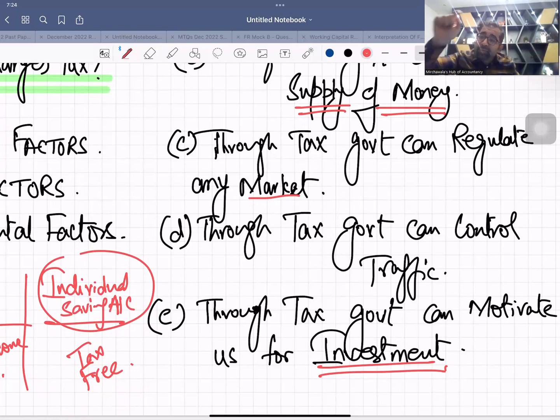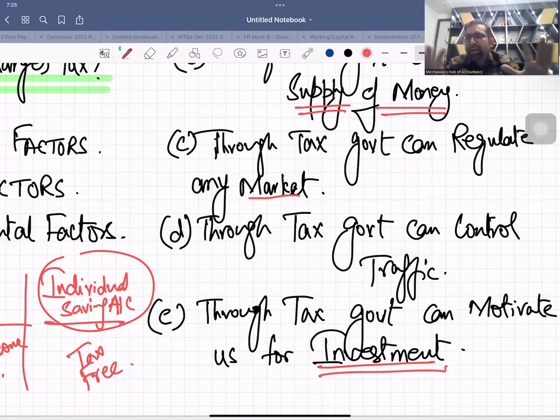But if you sold your existing asset and got some proceeds, and you reinvest those proceeds in another business asset, you will get a big relief. This is part of our course. So just think, through tax, government is motivating you to reinvest.